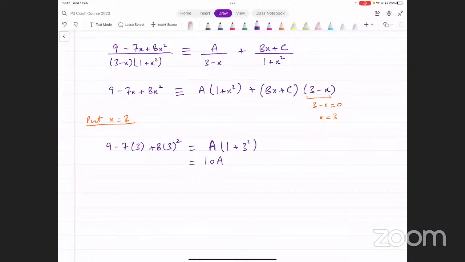Okay, I think this should be around 60, right? Yeah. So this turns out to be 60 on the left side. So a equals 6. The value of a that we get from this is going to be 6. Okay, so we find the value of one of those unknowns. We have a now.